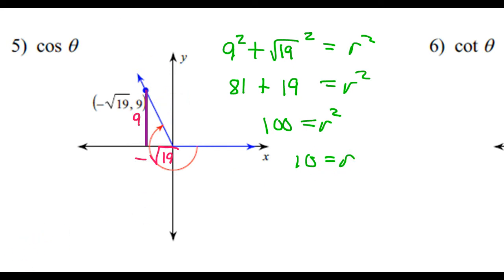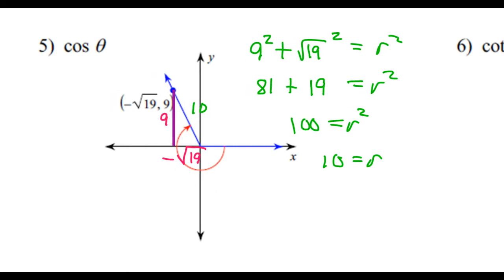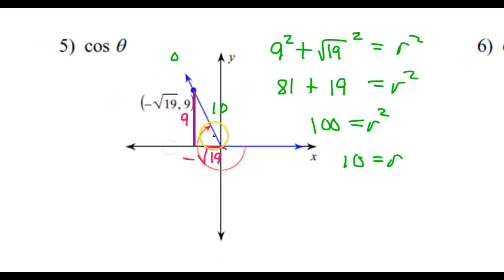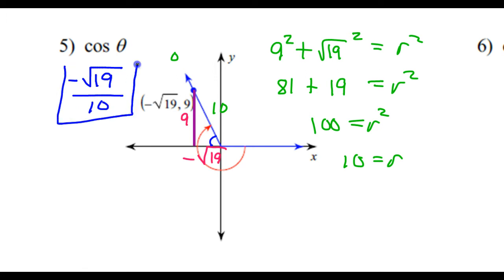So with that radius being 10, now we can go ahead and find the cosine. With the reference angle being right here, we know that cosine is adjacent leg over the hypotenuse. Now be careful to use the negative sign when you do this. So adjacent over hypotenuse will be negative radical 19 over 10. So that's the answer to number 5.